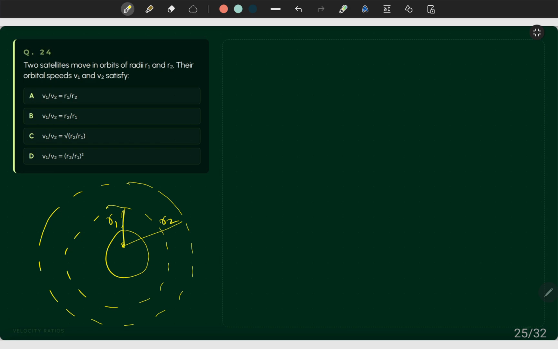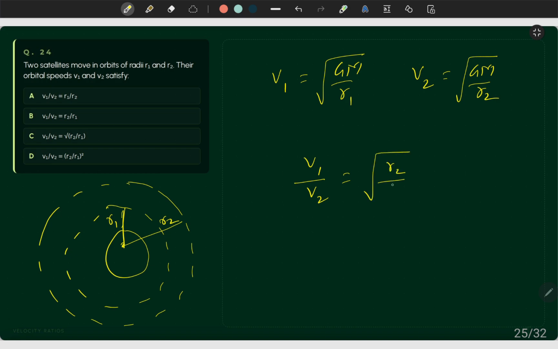And we need to compare the orbital speed. So we know that orbital speed is root of GM by r1 for the first satellite and root of GM by r2 for the second satellite. Dividing, we get root of r2 by r1. So the correct option is C.